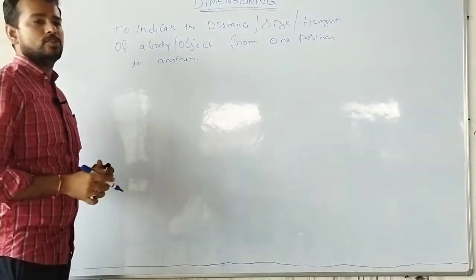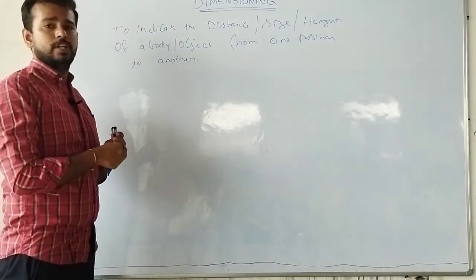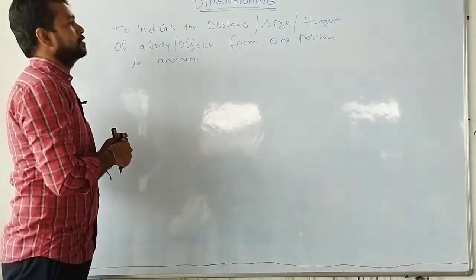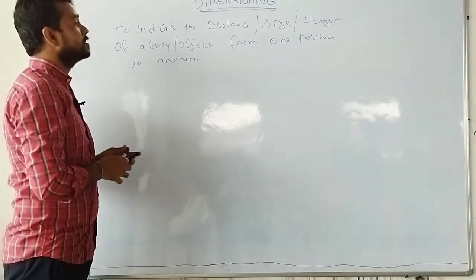Because to measure the distance from one position to another position, we need dimension. Okay, it tells us how it indicates the distance.